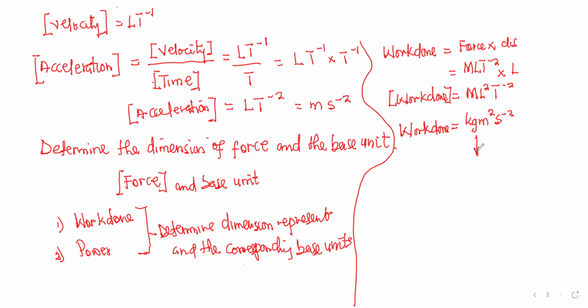So the SI unit of work done and energy, the same thing, is the joule, capital J. So note that the dimension of work done is the same as the dimension of energy. And they all have the same base unit as well as SI unit too.